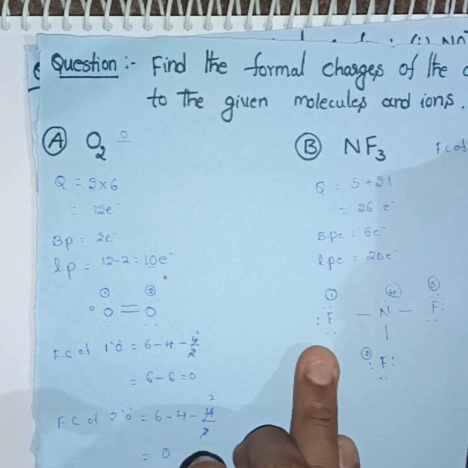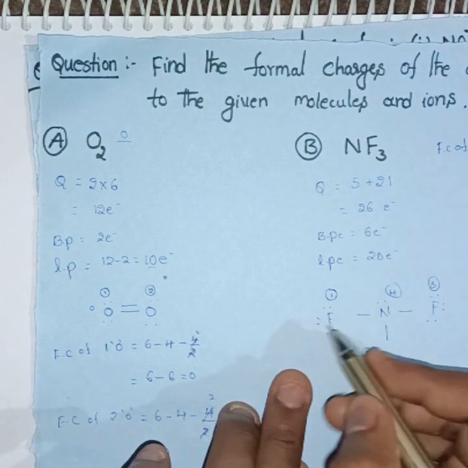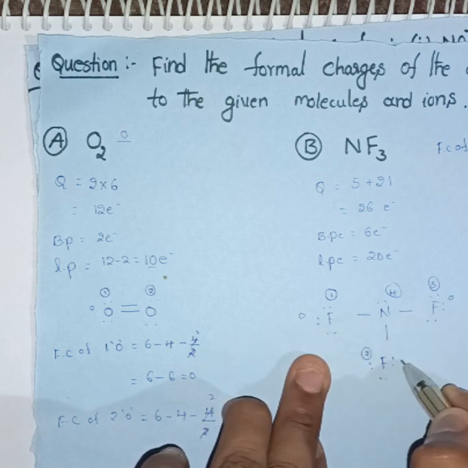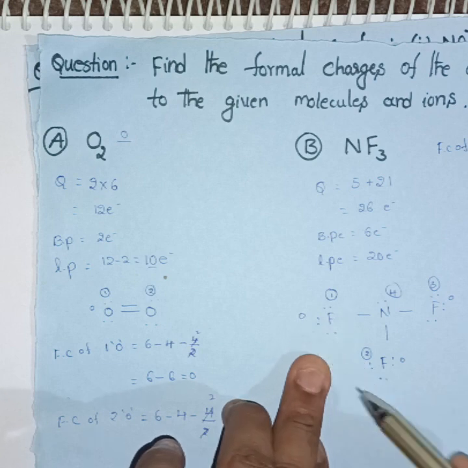There you get 7 minus 7 is equal to 0. Formal charge of fluorine will be 0. All fluorine atoms also get 0 formal charge because all are having the same type of bonding.